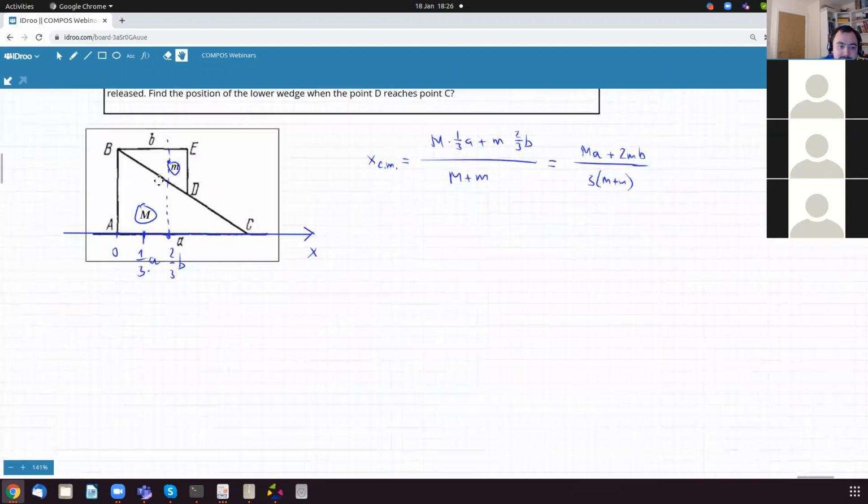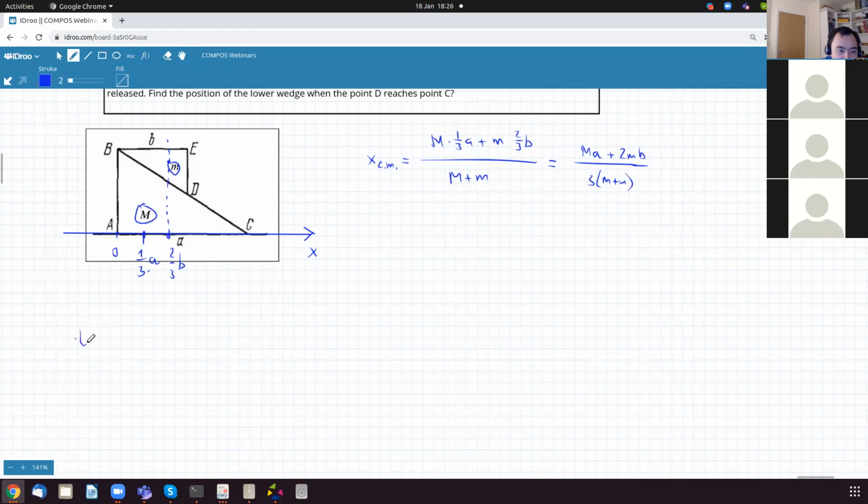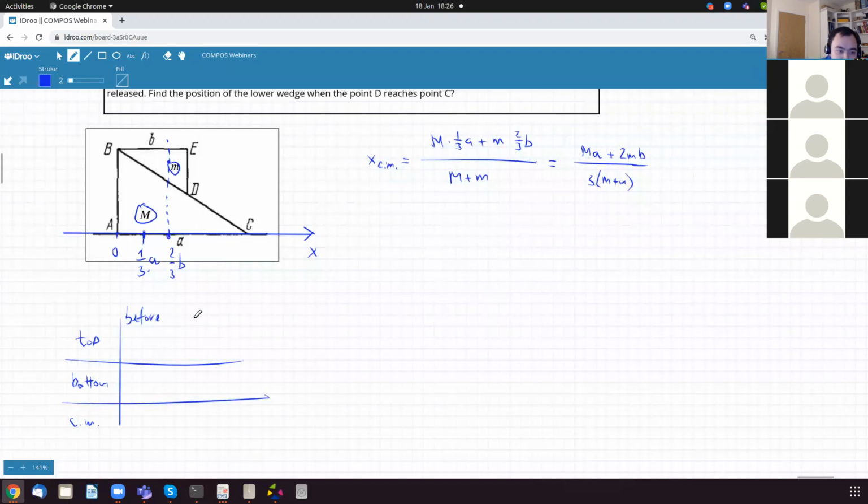Okay, so the top block moves to the right, but the center of mass must remain where it is. So we'll use a similar approach. We'll draw the top, bottom, and center of mass before and after.